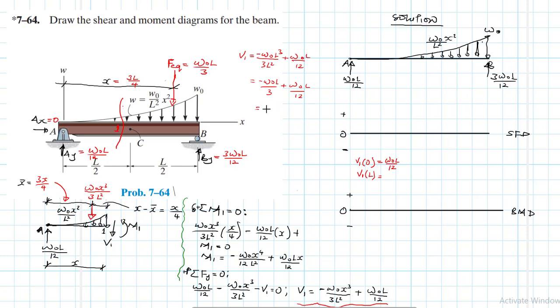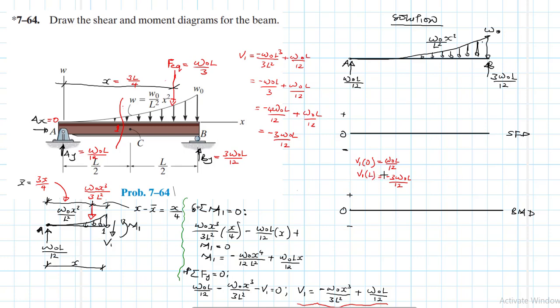So this becomes minus 4 w naught L divided by 12 plus w naught L divided by 12. So this finally becomes equal to minus 3 w naught L divided by 12. Right. So we found these values.